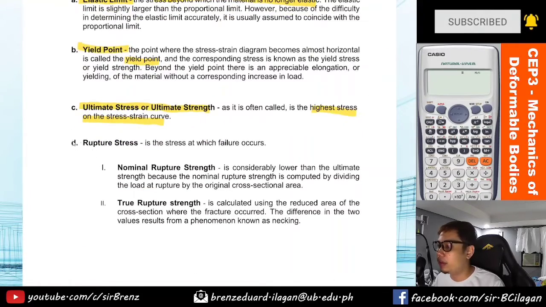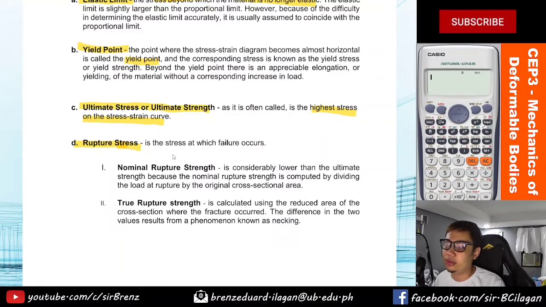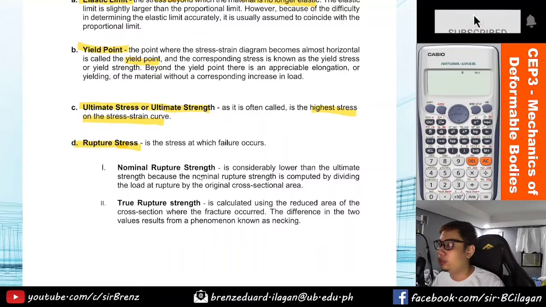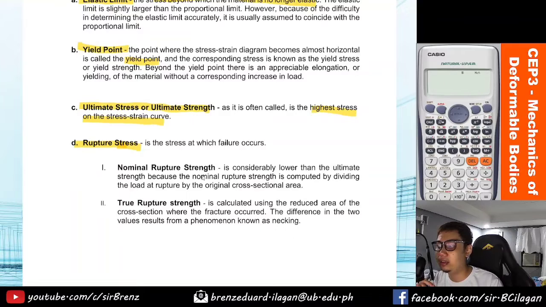Next, under rupture stress, meron tayong dalawang klase niyan. So, under this, it is the stress at which failure occurs. So, dito na nagfe-fail or magbe-break na yung specimen mo or malalagot. Nominal rupture strength, yung unang type.